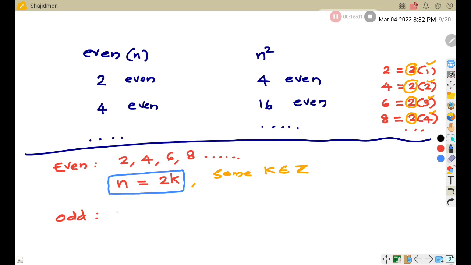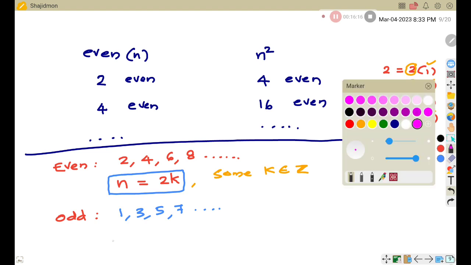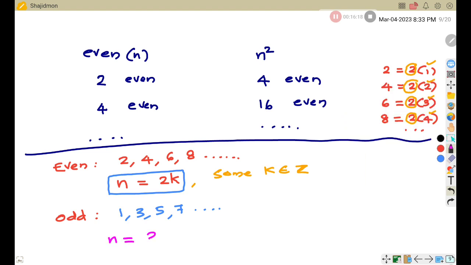Now if it is an odd number, you know what the odd numbers are? Generally we are using 1, 3, 5, 7, like that it is going. Now an odd number we can always write as n equal to 2k, which is even, plus 1.